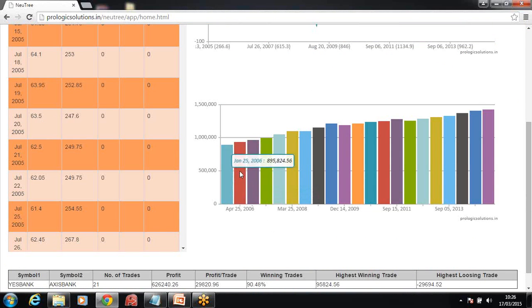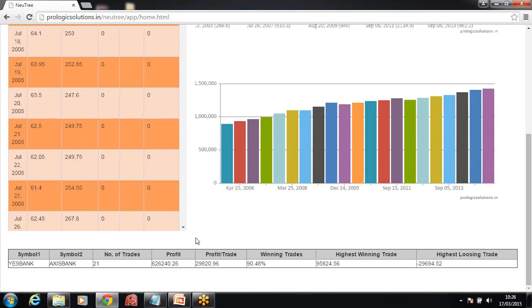Other than this, we have the bar graph. I'll come back to this also. Now let me just check what is the current trade that is running. You can go through this number of trades.